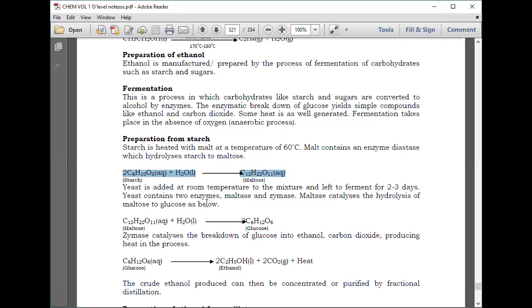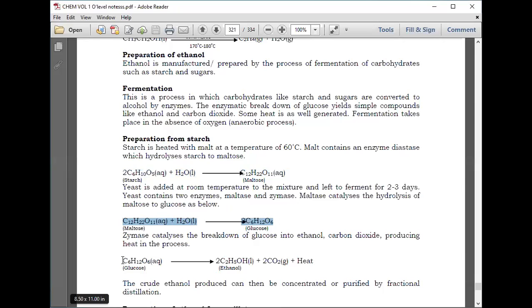Then we add yeast. Yeast contains two enzymes. It contains maltase and zymase. Maltase converts maltose to glucose. And finally, zymase breaks down glucose into ethanol.